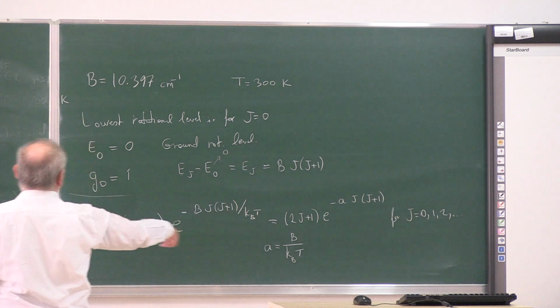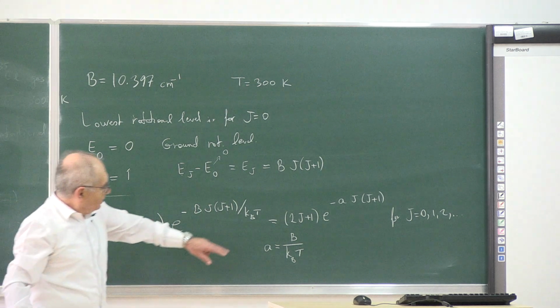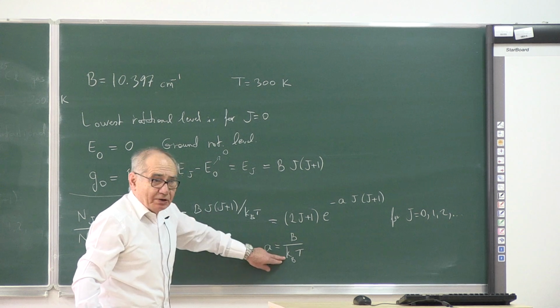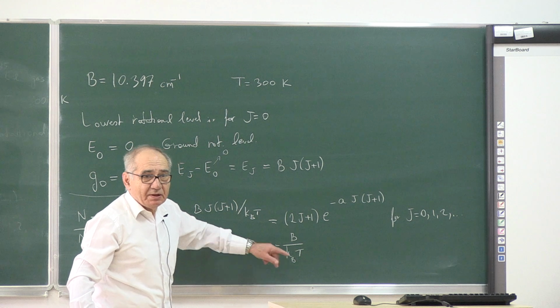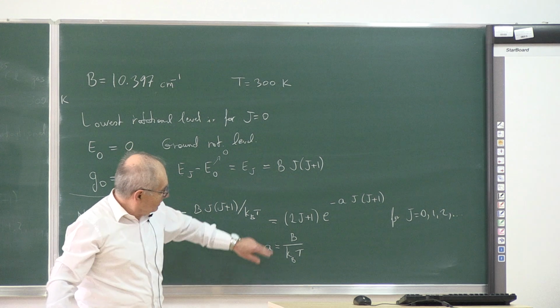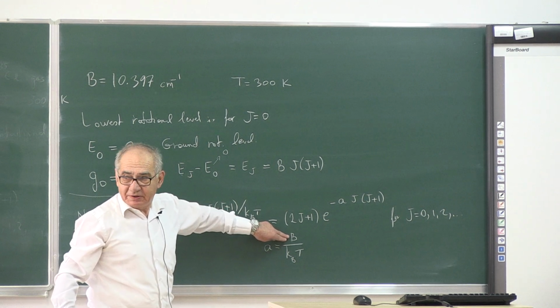Then we calculate A. Now, if I use SI units for the Boltzmann constant, which means joule per Kelvin, then we should also use SI units.